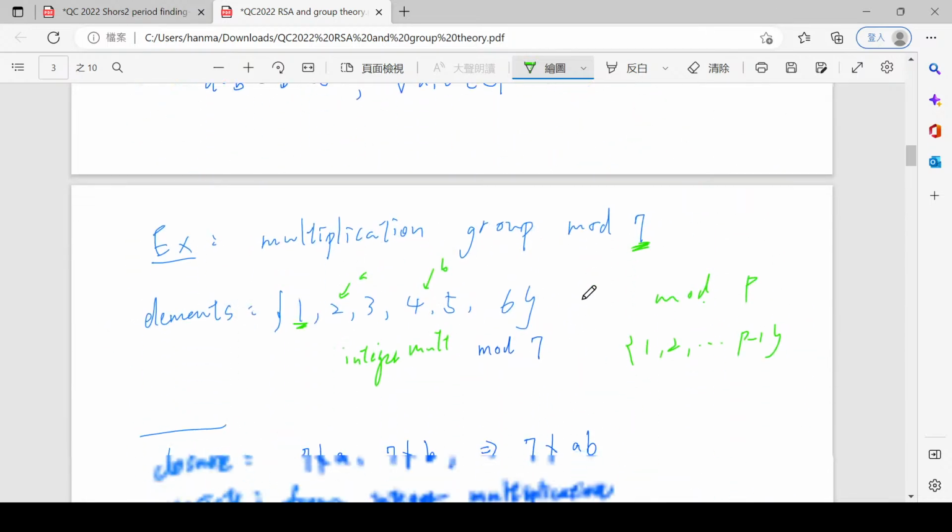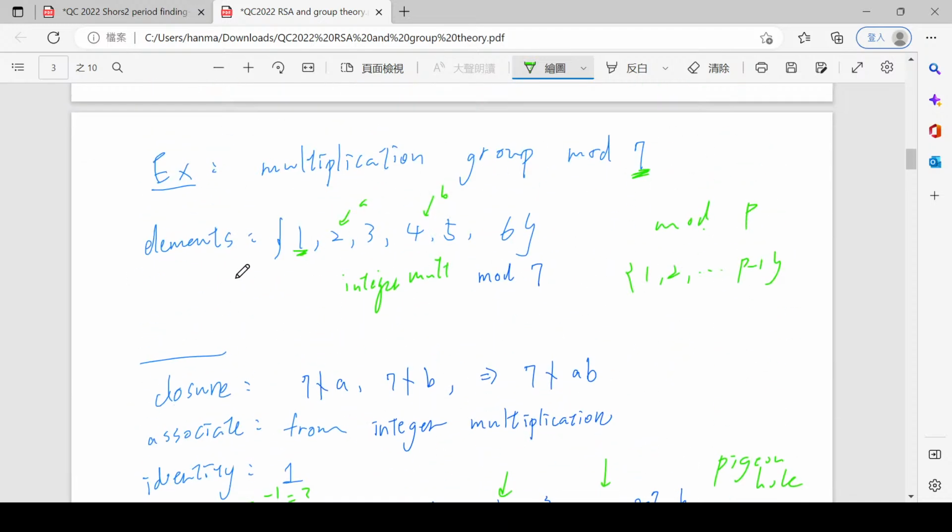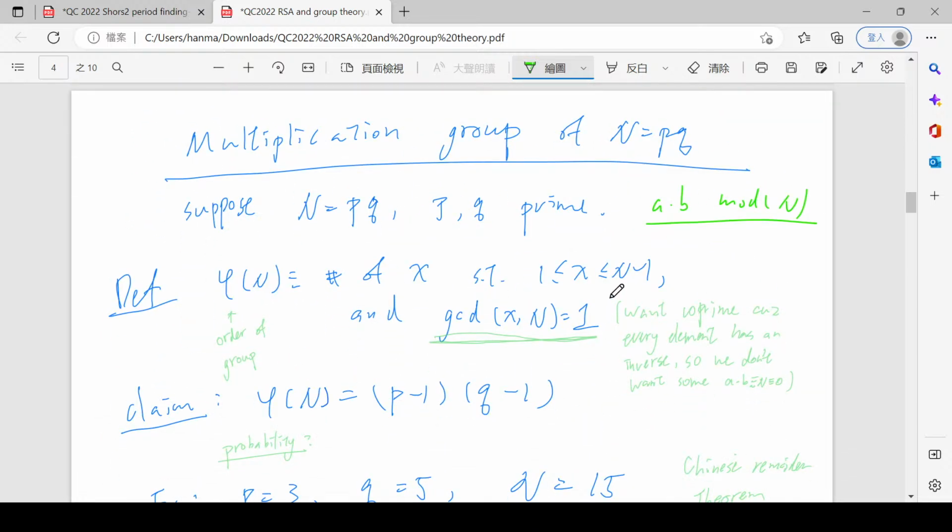When we talk about a prime group, because it's prime, we just have things from 1 to p minus 1. But here we have to be stricter. When we generalize to an n that's not a prime number, we want GCD of x and n equal to 1. So basically x and n are co-prime to each other.